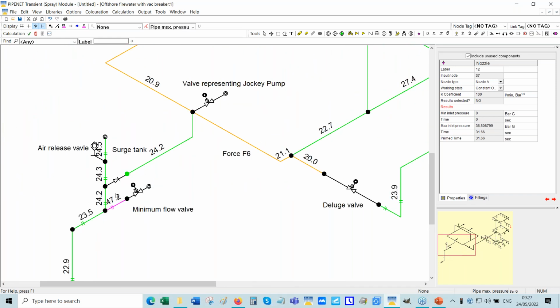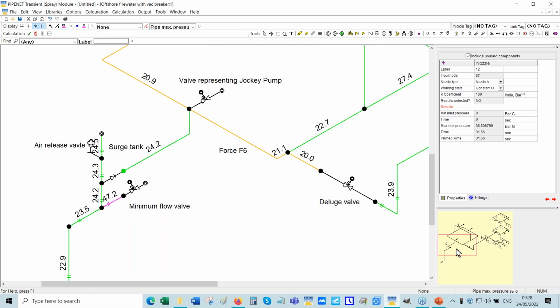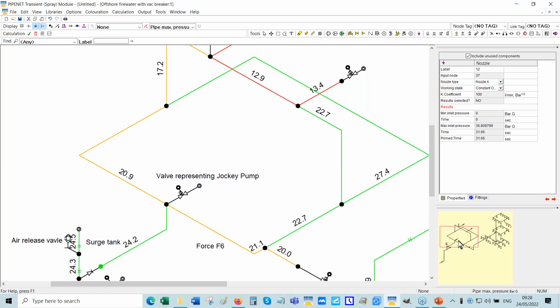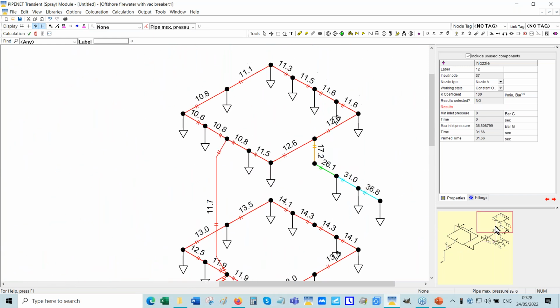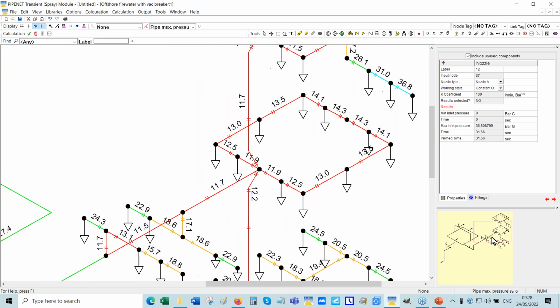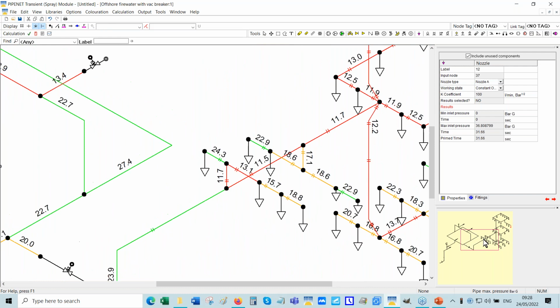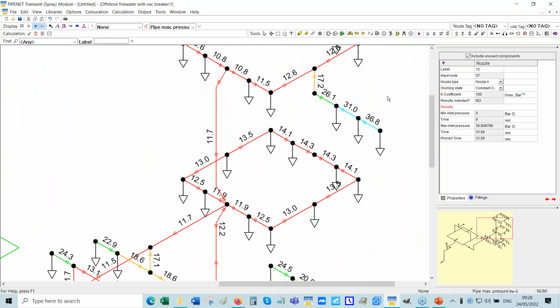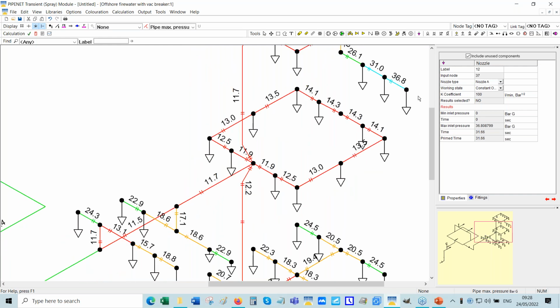See, that's a pipe. It's got a high pressure. The rest of the system is fine. Wherever you look, there are some high pressures here, so you'd have to do something about that. If you put the buffer pipe I was talking about here, that will almost certainly bring down the pressures there.